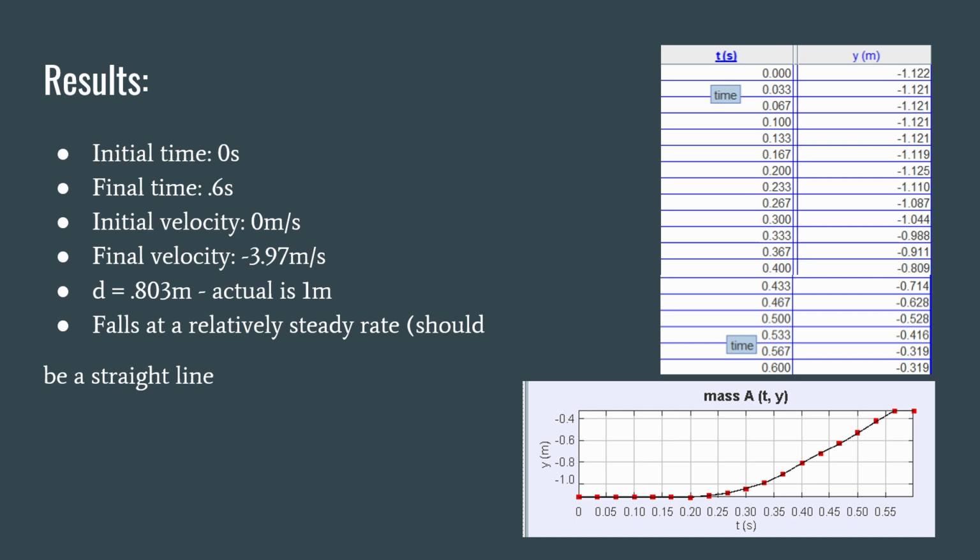Our distance was 0.803 meters according to tracker, but it was actually 1, which isn't a horrible estimate, but it's not exactly the same. And then it falls at a relatively steady rate. You can see the line here of y, basically when we ended up dropping it. And you can see it's pretty straight, and it should be a straight line.